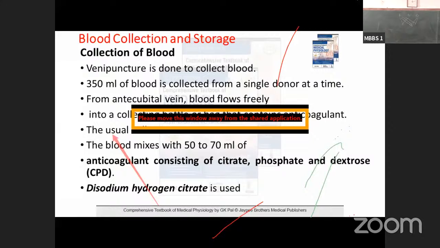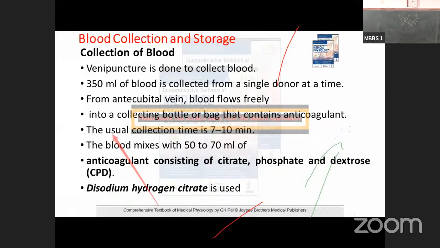Collection of the blood: normally through venipuncture, through the antecubital vein, we collect the blood into a bottle or bag. Ideally, 350 ml of blood at a time is collected from the antecubital vein.